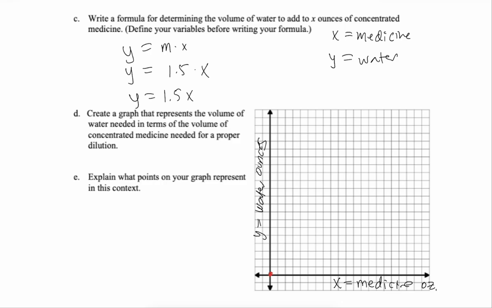Okay? So, of course, if we have no medicine, we have no water. Let's go with 2, because remember that one that we had a total of 5? That was 2 ounces of medicine became 3 ounces of water.